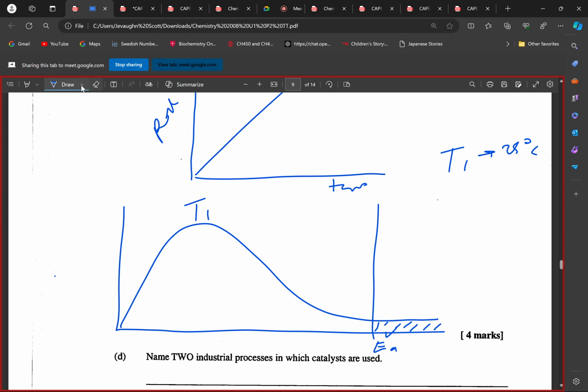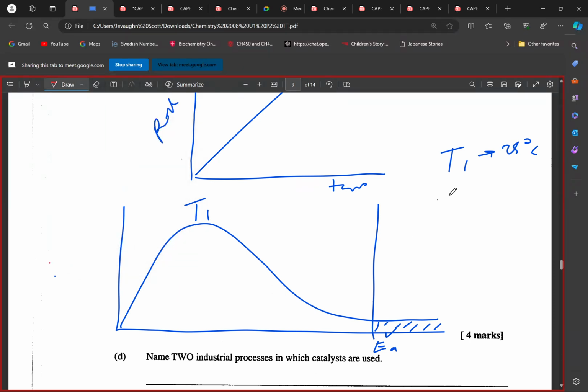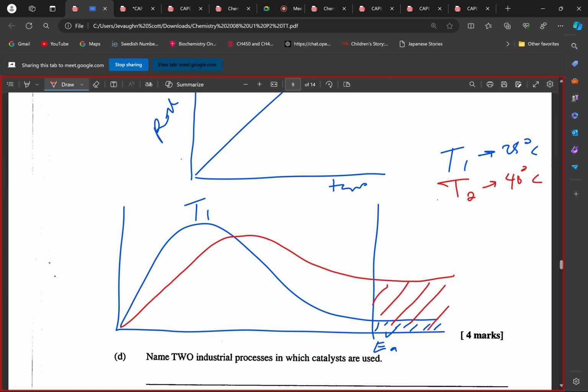What happens here now if we increase the temperature? Let's use a red or an orange. If we increase the temperature now to T2, let's say that T2 is now 40 degrees Celsius. We're just using random values. What we're going to have is something like this. So if we increase the temperature, more molecules would have enough energy for successful collisions.